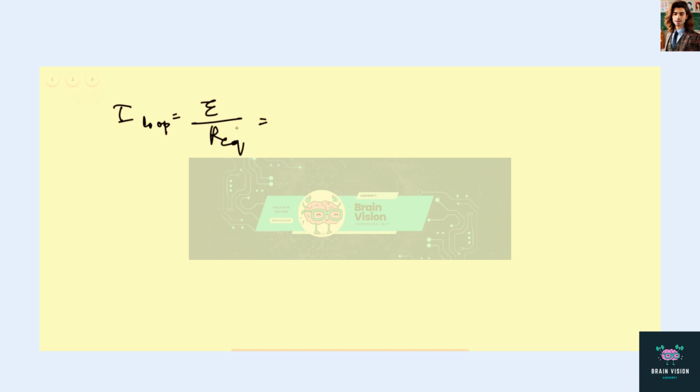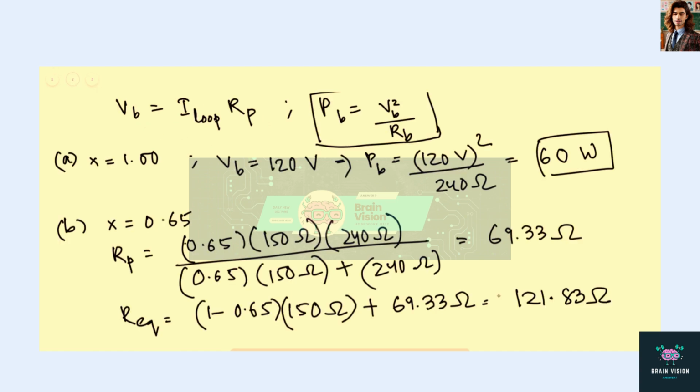Now since here X is not 1, we need to do these calculations all over again. However, in the first case, the full battery potential was across the bulb, therefore V_B was taken to be equal to the EMF and hence equal to 120 volts, and we did not need to do these calculations there.